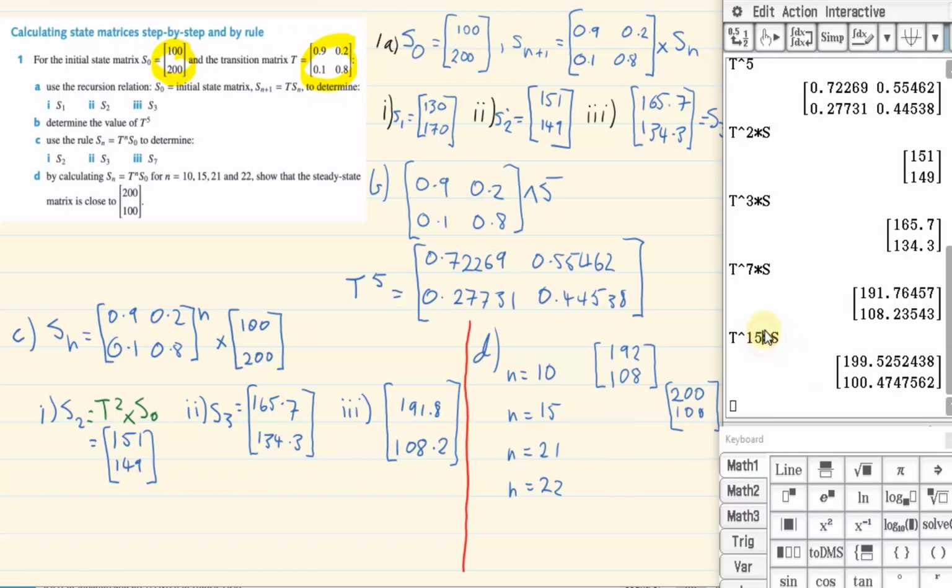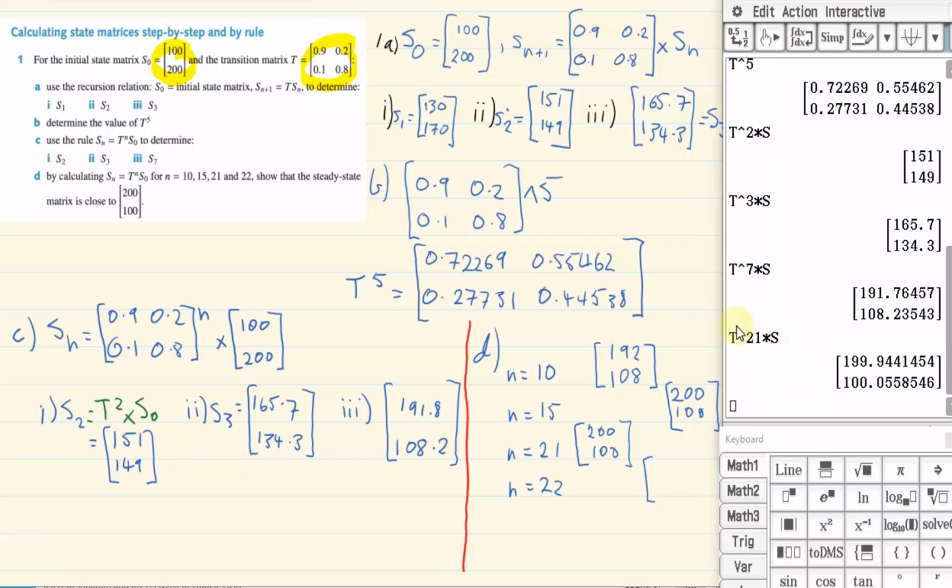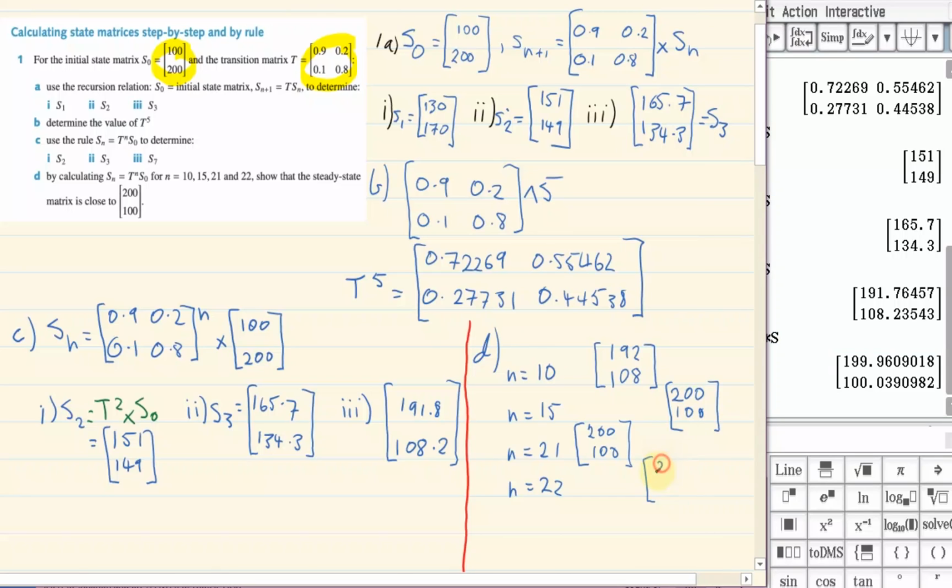For 21, we get 200 and 100 again. And you know what the pattern's going to be: T to the power of 22, we get 200 and 100.